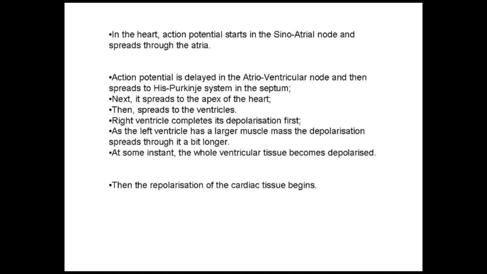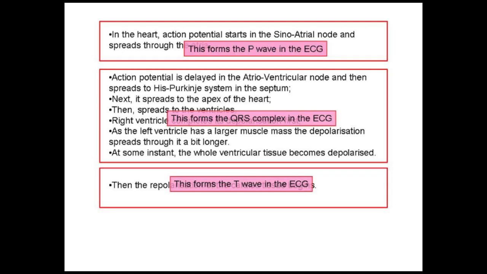I mean, almost endlessly. When the action potential is spreading in the atria, in the ECG you see the P wave. When the action potential starts to spread to the ventricles, you will see the QRS complex.